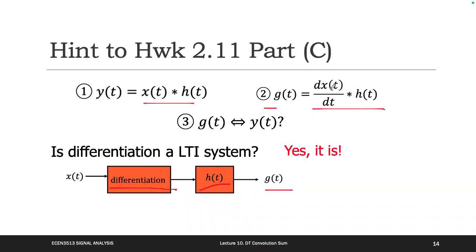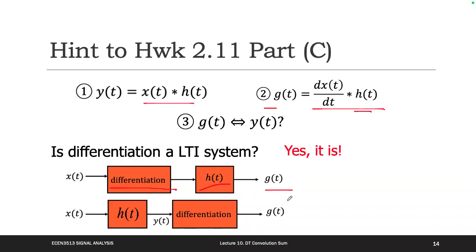Like h(t) after derivation and convolution with h(t) is g(t). And y(t) is your x(t) convolved with h(t). Which means after you get y(t), you differentiate, and you also get g(t). So g(t) is just y(t) after differentiation. That makes sense to you?